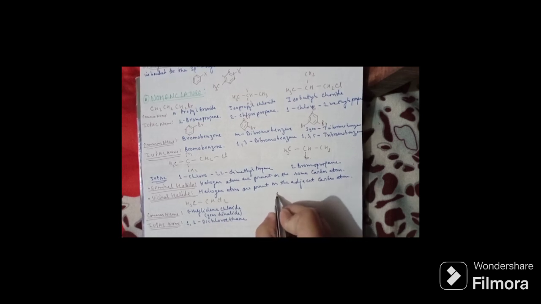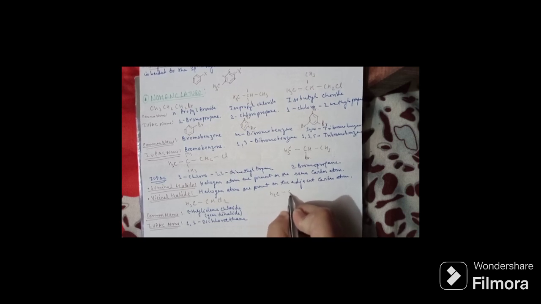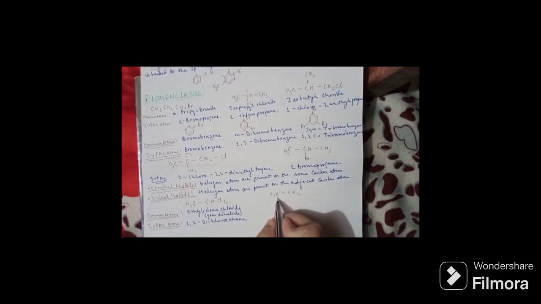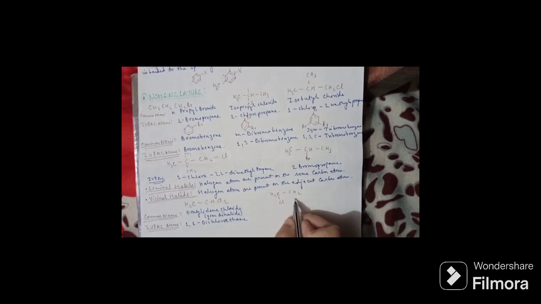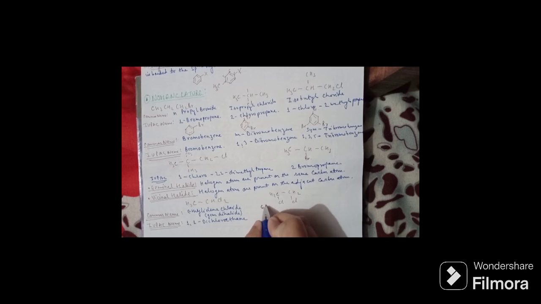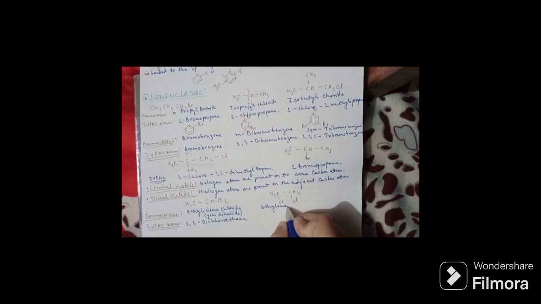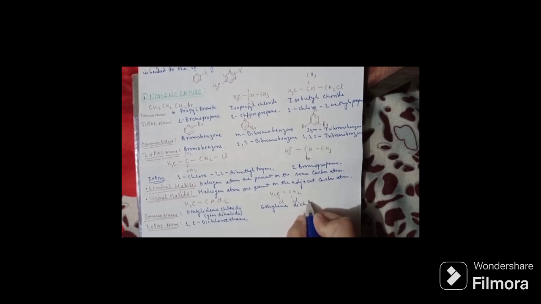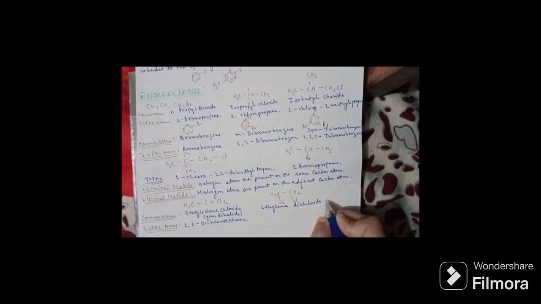And the other structure we have is CH2Cl-CH2Cl. The common name for it is ethylene dichloride, which is a vicinal dihalide.